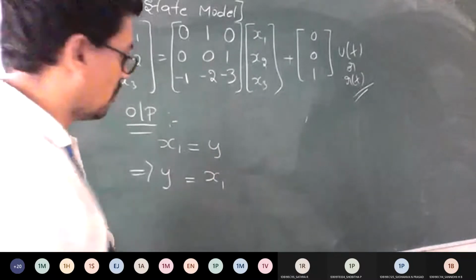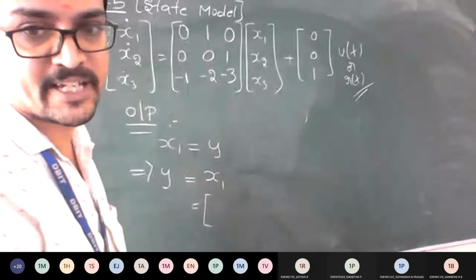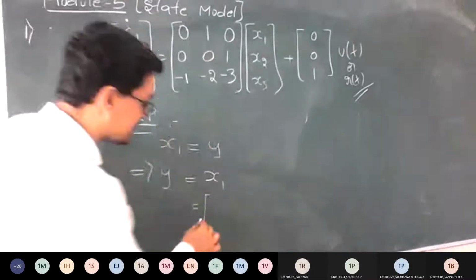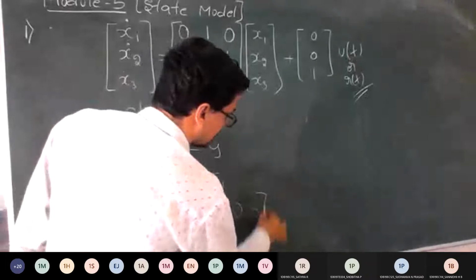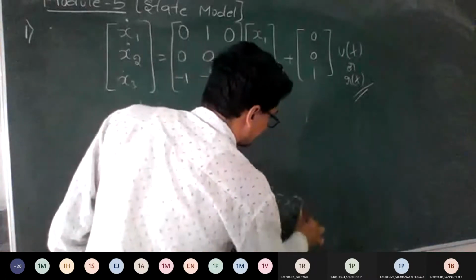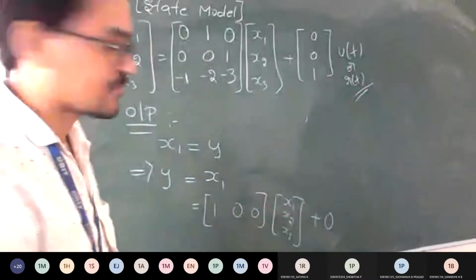So from this, what is the conclusion, guys? Do you have any term for x2, x3? No, sir. So only x1 is there, which means it's 1, 0, 0 corresponding to x1, x2, x3. And the u of t term is not there, so it is going to become 0. So in which form is it?